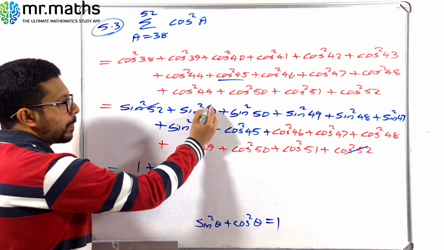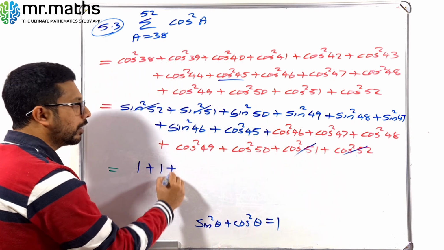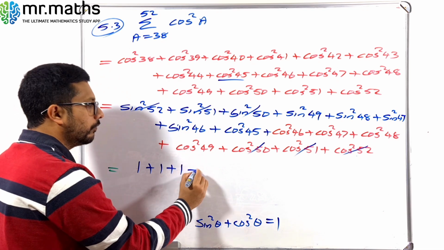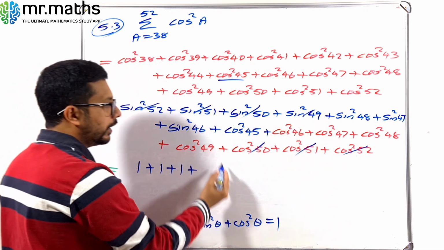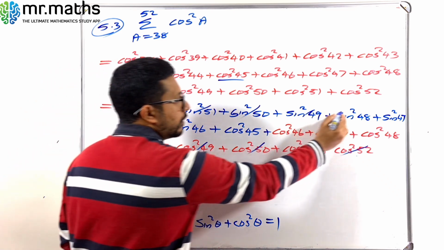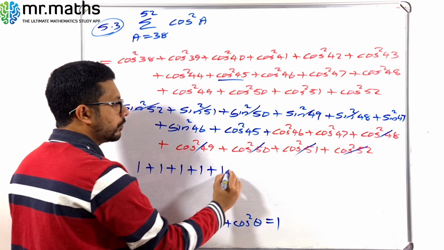Okay, then this sine square 51 cos squared 51, that is 1. This sine square 50 cos squared 50, that is 1. This sine square 49 cos square 49, that is 1. Sine square 48 cos square 48, that is 1.